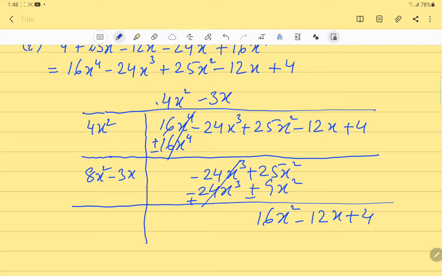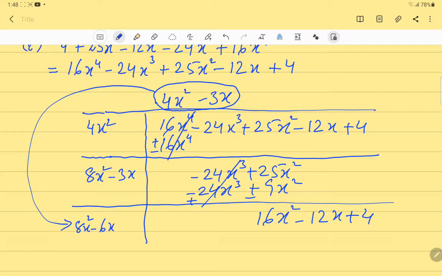Now again we will write double of this expression over here. Double of 4x squared is 8x squared, and double of minus 3x is minus 6x. Now we have to multiply 8x squared with a term which will give us 16x squared. Obviously it is plus 2, so we will write here plus 2, and the same plus 2 we will write over here as well. Let's multiply this plus 2 with these three terms.